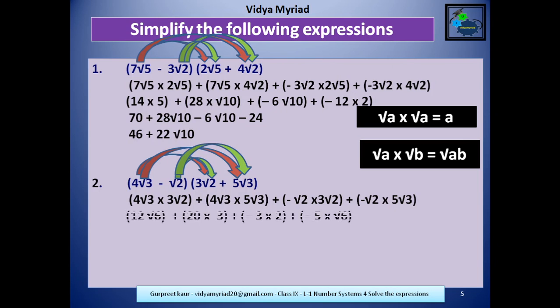Same rules will be applied and it can be written like this, like 4 3s are 12, root 3 into root 2 is root 6, then 4 5s are 20, root 3 into root 3 is 3, then root 2 into 3 root 2, then 3 into 2 because root 2 into root 2 is 2, and then minus 5 into root 6 because root 2 into root 3 is root 6. This can be further written as 12 root 6 plus 60 minus 6 minus 5 root 6, which can be further solved as 54 plus 7 root 6.